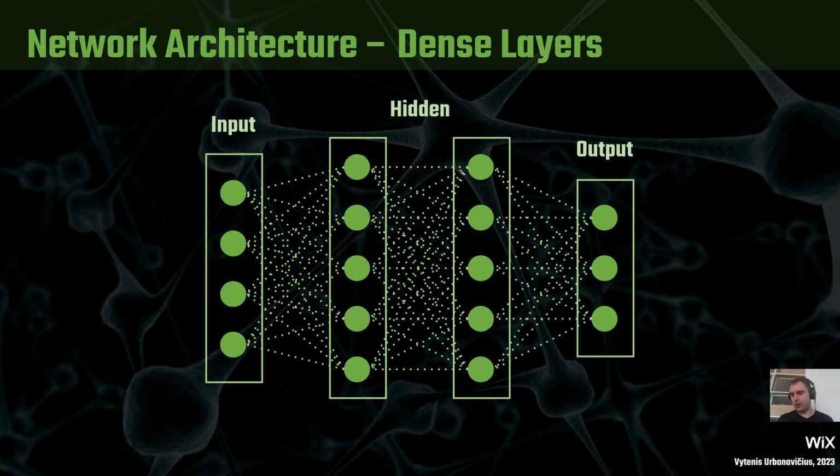And the reason why they are called hidden is not because you cannot see what is inside them. You can actually explore what kind of values are going through those layers if you really want to. It's not quantum computing or something. But even if you see those values, you might not be able to understand what they actually mean, because if you're summing scaled kilograms with scaled kilometers per hour, what does that number actually mean?